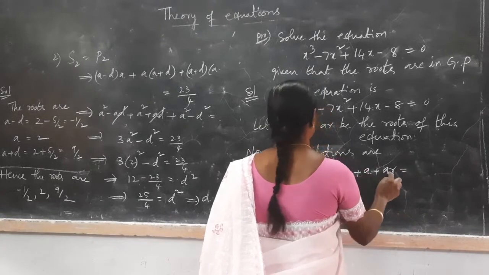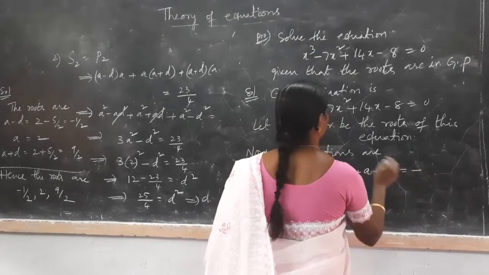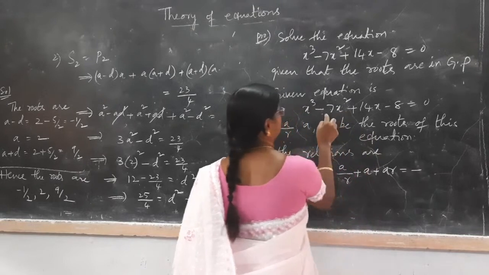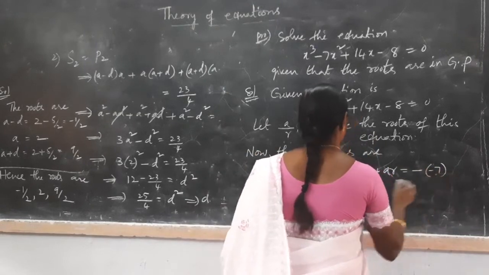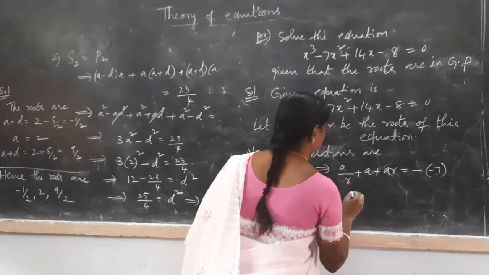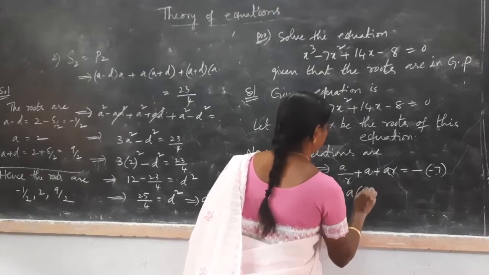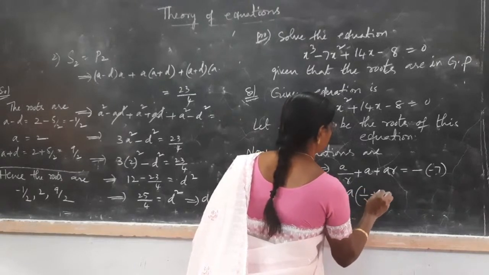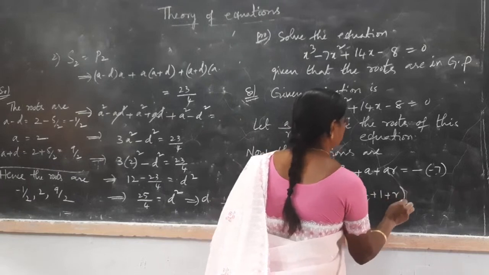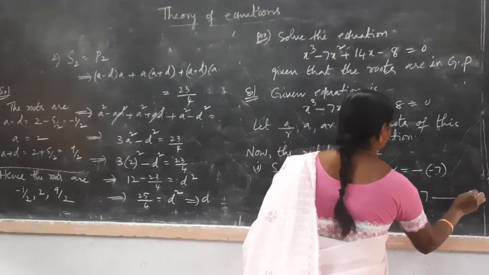Alpha plus beta plus gamma is equal to minus p1. p1 is this, minus 7. This implies we can take here a by r plus a plus ar is equal to 7.